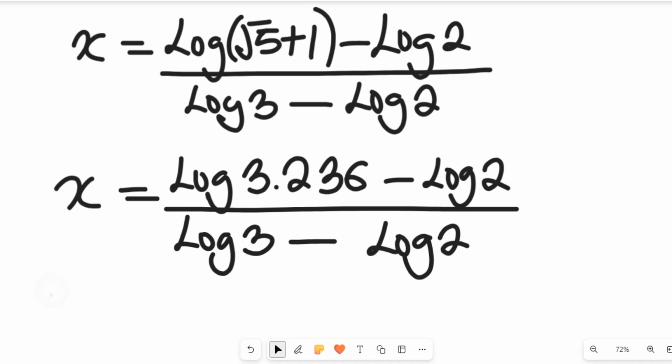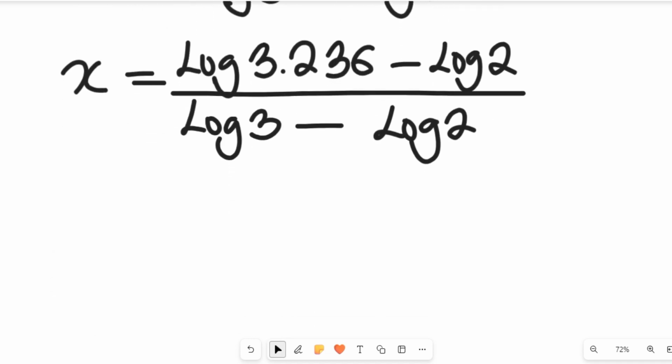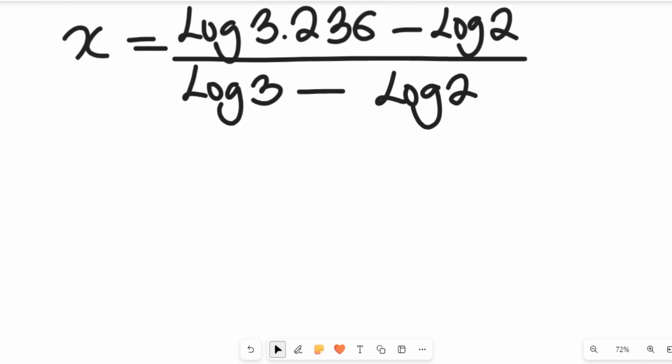So we're going to find the log of 3.236, and then we'll find the log of 2, and then we'll simplify to get the value of our x.